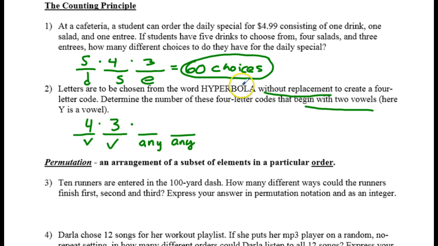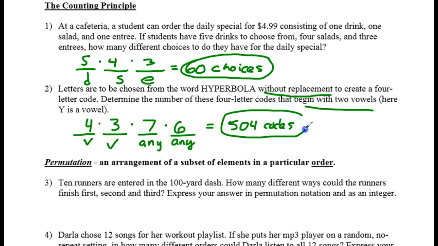Say I pulled out the O and the A. Now there's 7 letters left. So 7. And once you've used, say, the L, there's 6 left. Multiply all those, and you've got 504 codes. That's the counting principle, in essence.